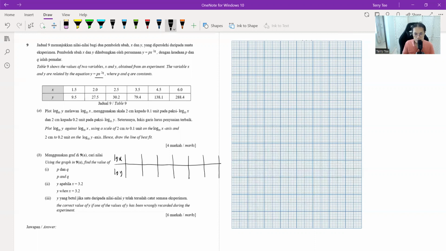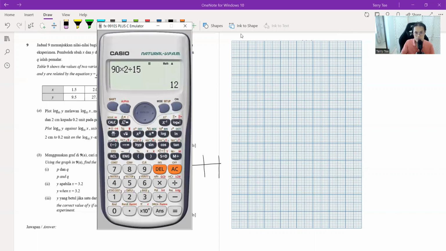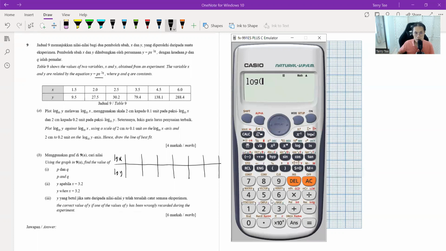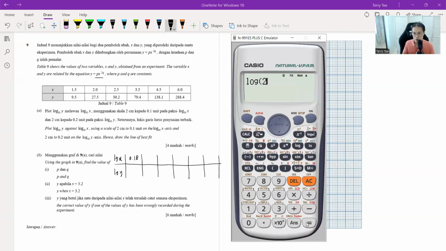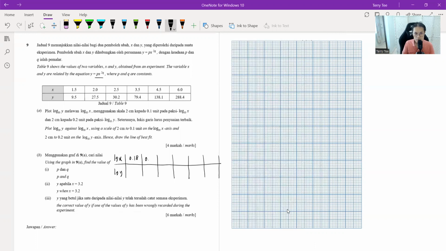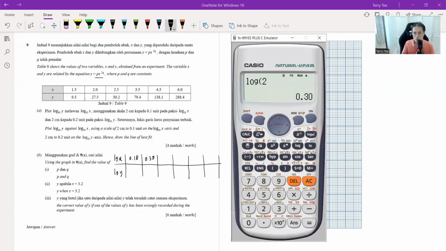So for your lg x, I have to just log 1 by 1. Log 1.5. To make your life easier, we'll fix everything to 2 decimal places: 0.18. That'll be easier. Next one, log 2 is 0.30. We don't need so many decimals.